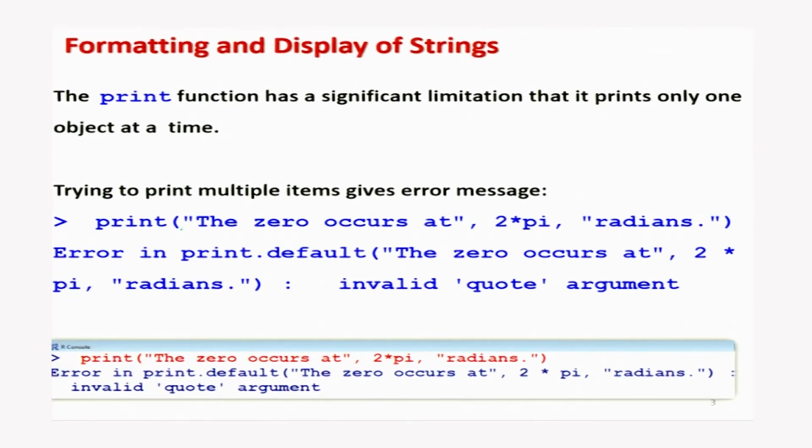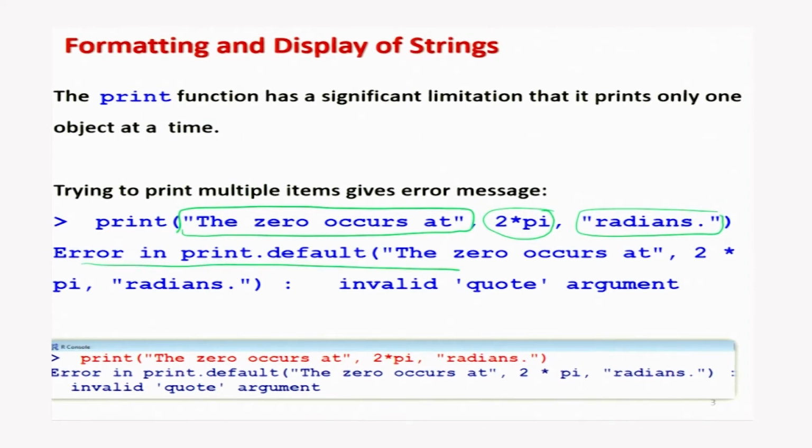So I write "the 0 occurs at" inside the double quotes, then twice star pi, separated by comma, and then "radians" inside the double quotes. But as soon as you use the command print over this, it gives you an error, right? So why is this happening, why is print not working, and what is the way out? That is the question we would like to explore in this lecture.